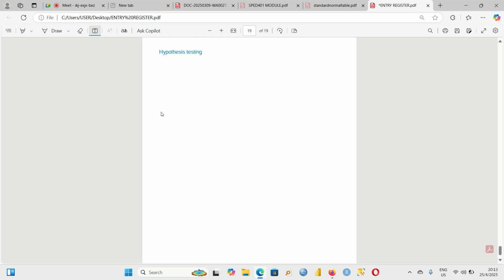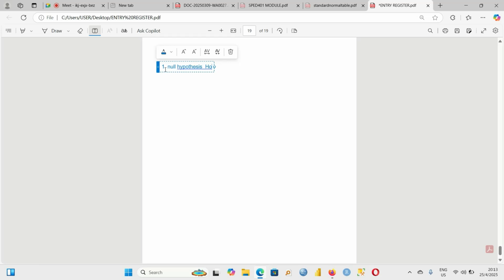There are two types of statement. The first, we looked at when we did the chi-squared test. We said there are statements called the null hypothesis, represented by H naught. You can write down null hypothesis.